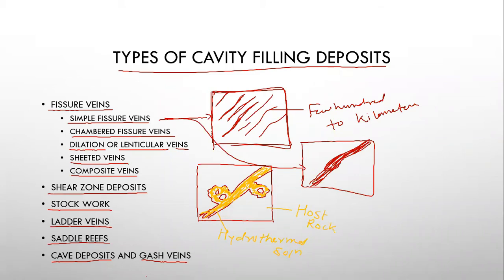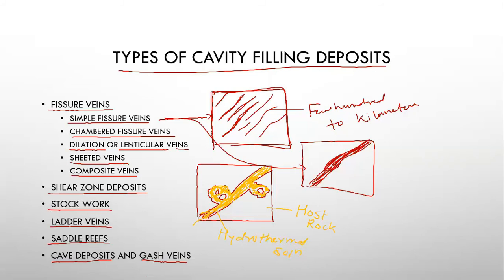This host rock may be anything, but it should be dissolvable, in the sense that it should be melted by the hydrothermal solution. Sometimes the solution will enter into this crack and go on dissolving the rock which can be dissolved, and it will precipitate.